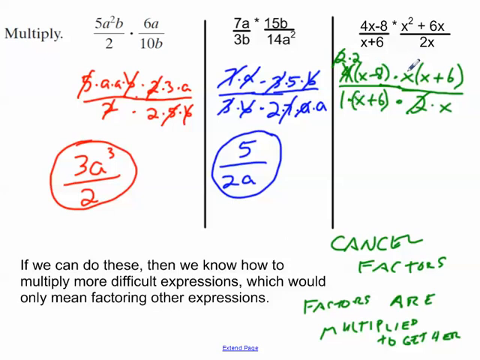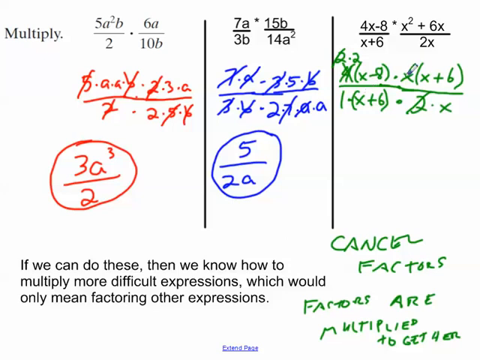Here's an x. x is a factor because x is being multiplied by x plus 6. x is being multiplied by x minus 8. So x here is a factor. This x is a factor as well. So we can cancel that one with this one. But keep in mind that x does not cancel with that x, because that x is part of x plus 6. x plus 6 is a factor. This x is a factor, so that x does not cancel with that x.